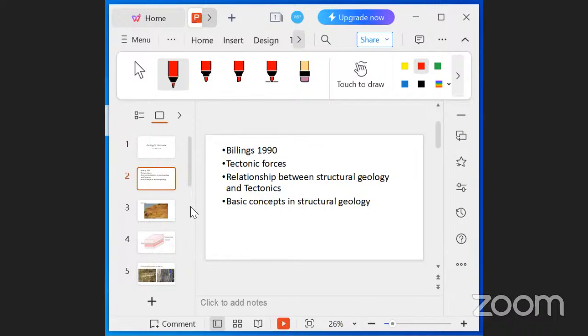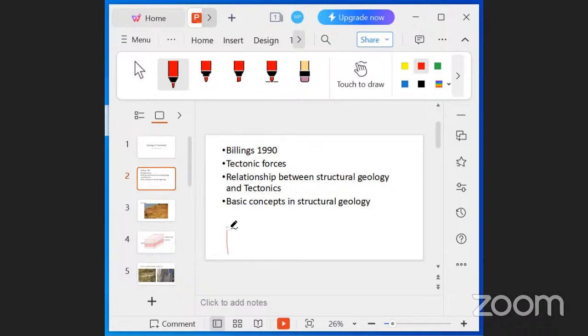Introduction of structural geology. Structural geology is the branch of geology that deals with the recognition, representation, and genetic interpretation of rock structures. What is that?